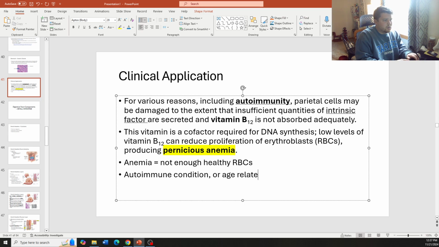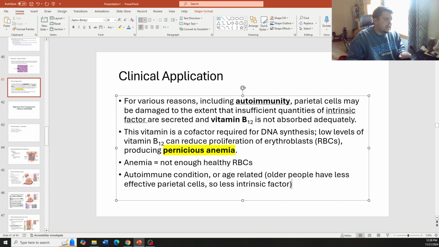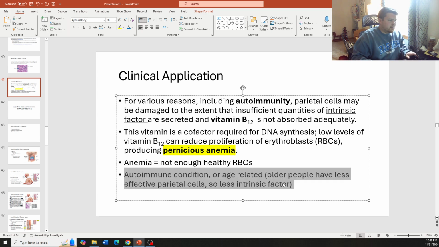Older people have less acidic stomachs. I should say older people have less effective parietal cells, so less intrinsic factor. So it's either an autoimmune condition or it can be age related.